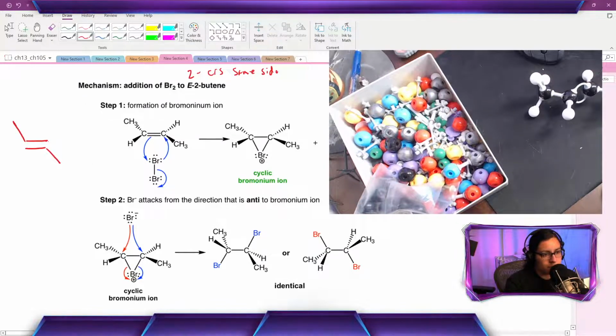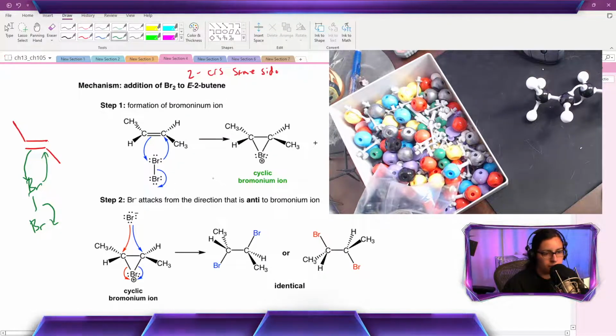And so the first step is it forms this bromonium intermediate, and it's actually positively charged. So you have your bromine here, or chlorine. And so this double bond, these electrons are going to go to bromine. So now the bromines break apart. And then this one attaches back. So we form this carbocation intermediate.